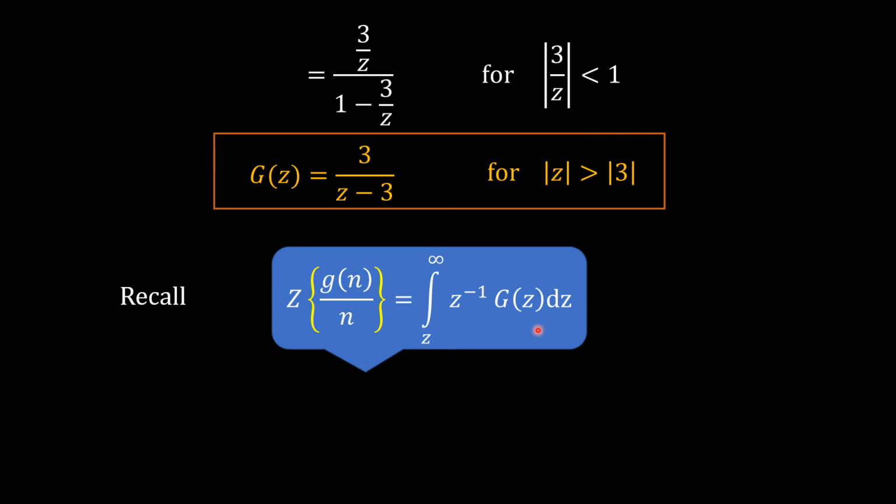Therefore, for the given sequence, the Z transform of 3 raised to n divided by n is equal to the integration from z to infinity of z inverse into the Z transform of 3 raised to n, which is 3 upon z minus 3, integrated with respect to z.